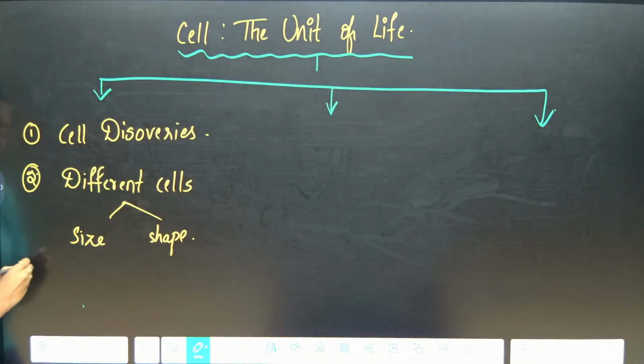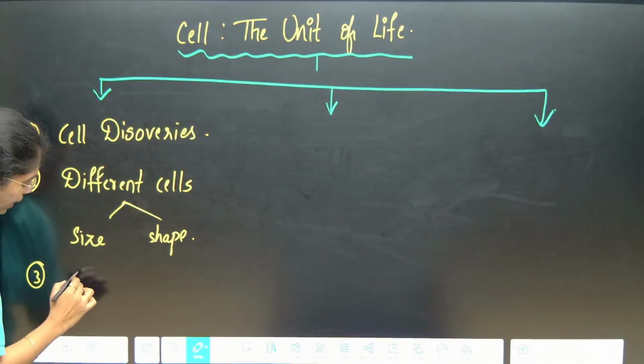Later, you have to learn about cell theory, which is very important. Cell theory followed by its exceptions, which is very important. And then you will move on to prokaryotic cell and eukaryotic cell.